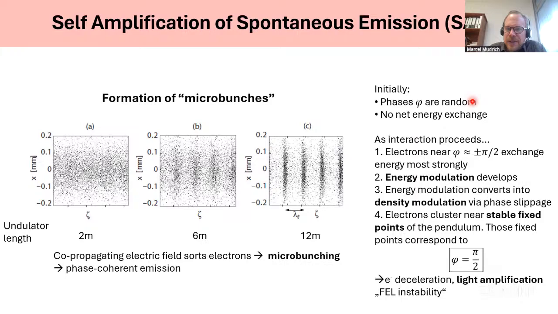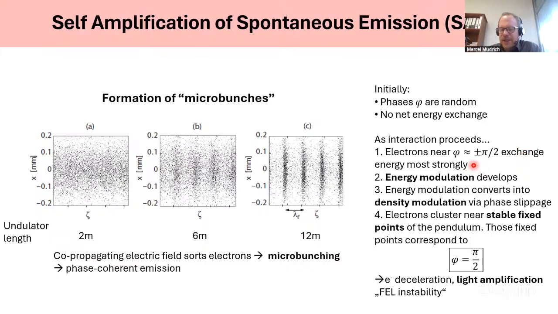So initially these phases are random. There's no net exchange, but if the undulator radiation is intense enough, then electrons that happen to be near this plus or minus pi/2 would couple to the electron bunches most strongly, right?